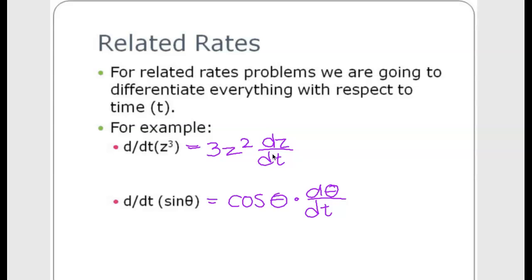Now when you take the derivative of variables, they're all going to be with respect to t. So instead of dy/dx, it's going to be dy/dt or dz/dt. Or in the case of a trig function with theta as our angle, it'll be d theta/dt.